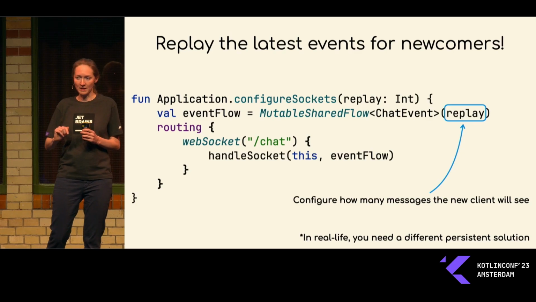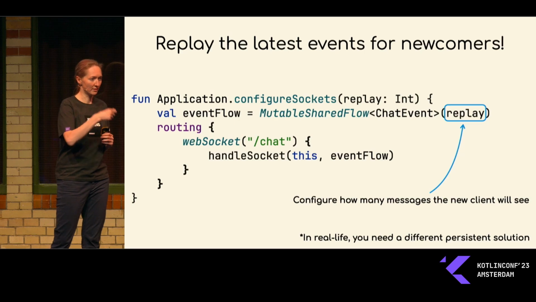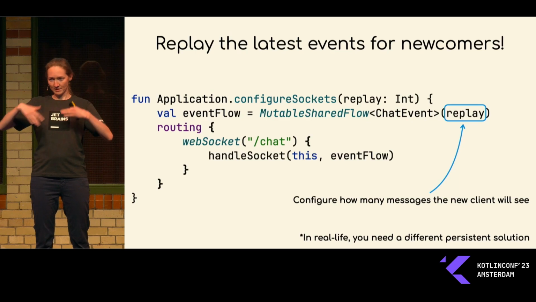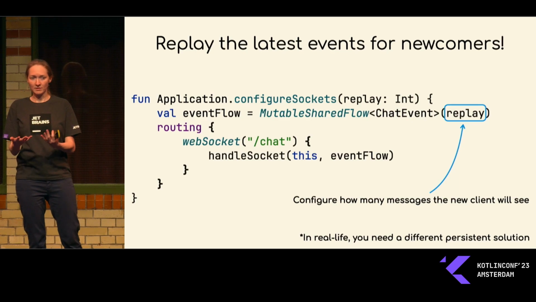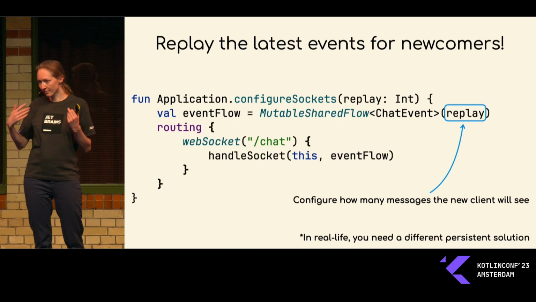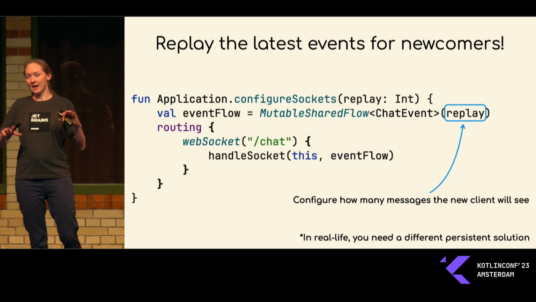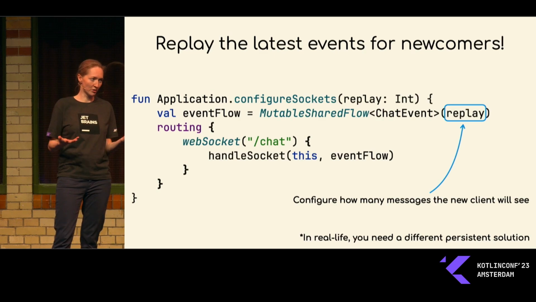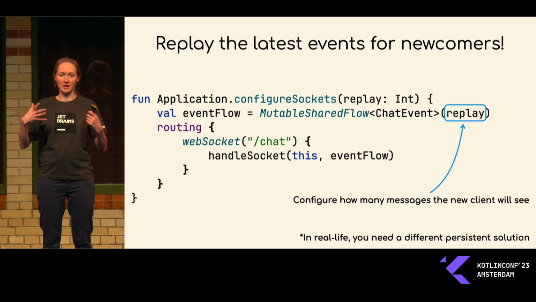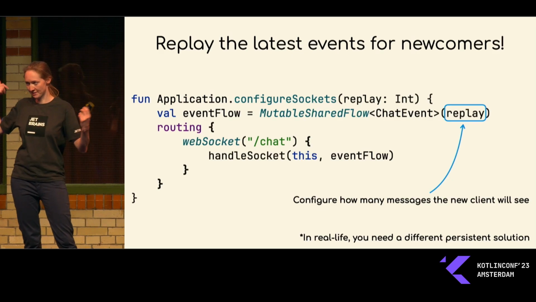If we don't specify replay here, when a new client joins, they will only see new events that come later, so they will see an empty screen, and whenever something new comes, they will see it. But if we specify replay, they will first see this specific number of events in the application. Again, just to highlight, in real life, you probably need a different persistent solution if you want to store the whole set of messages, but for our sample app as an illustration of what shared flow is capable of, that works great.